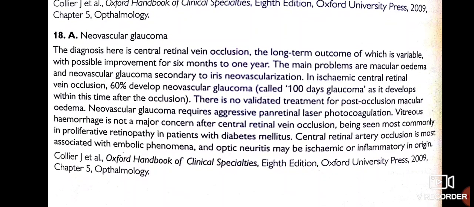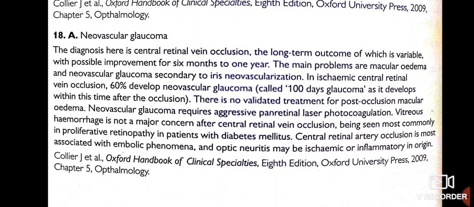Now, neovascular glaucoma. The diagnosis here is central retinal vein occlusion, the long-term outcome of which is variable, with possible improvement over 6 months to 1 year. The main problems are macular edema and neovascular glaucoma secondary to iris neovascularization.